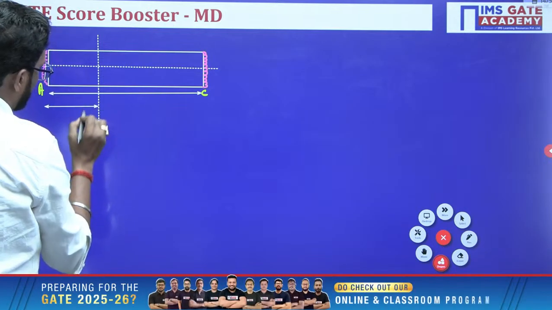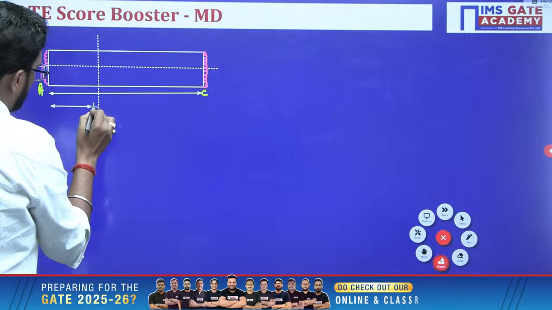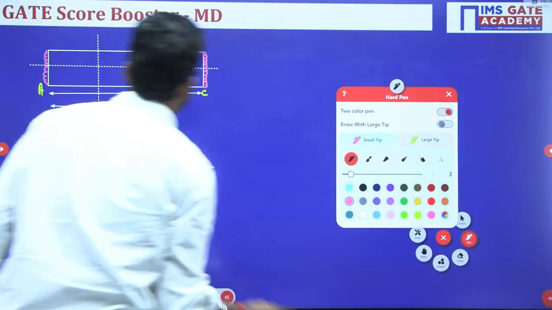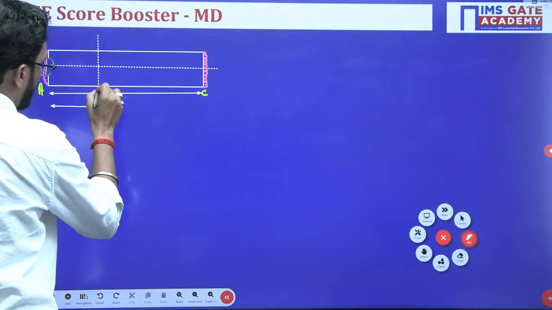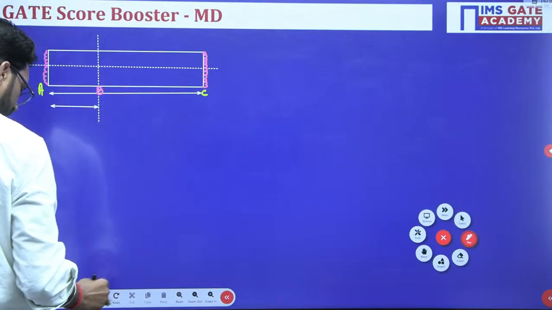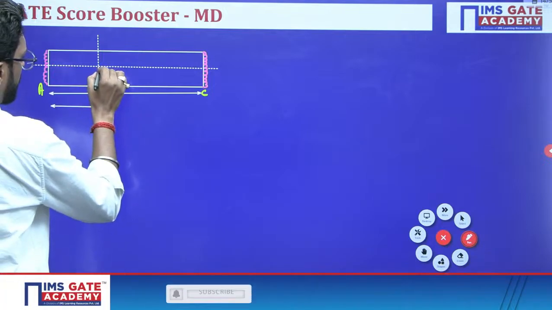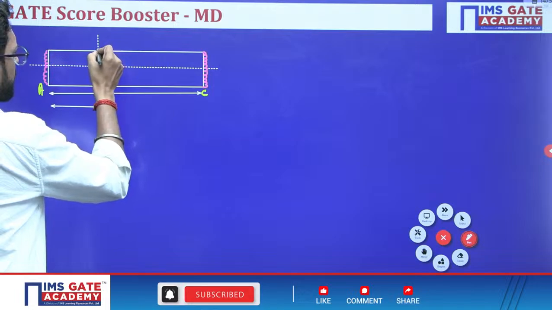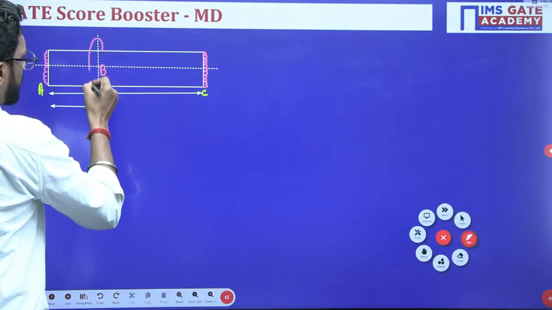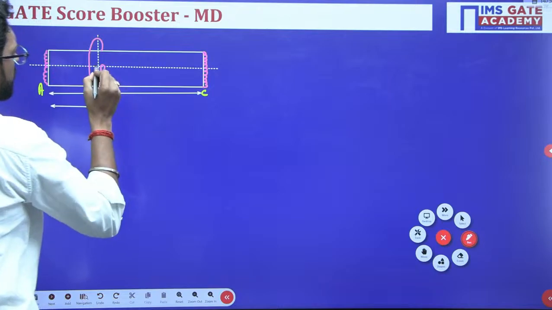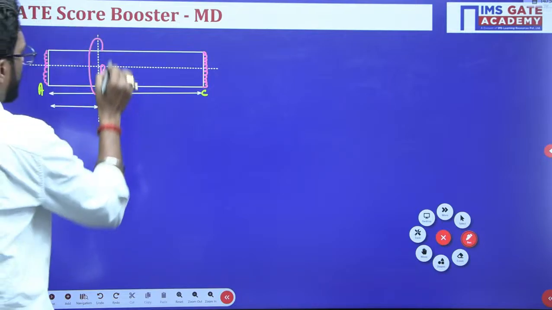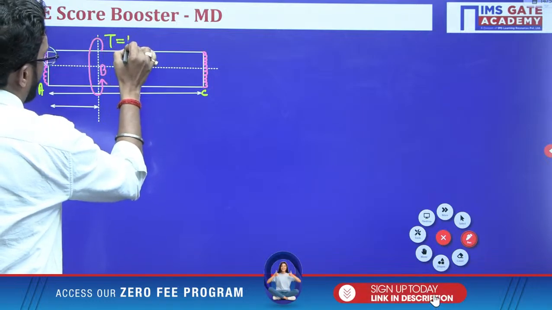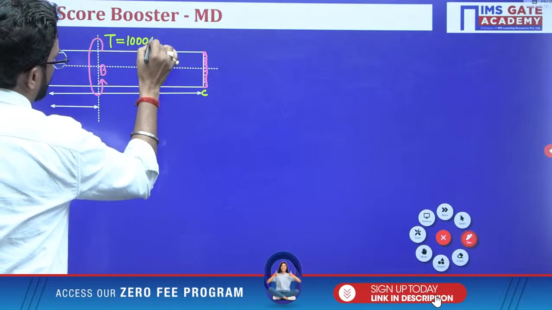Let's suppose this is point B, and at B we are applying a torsional moment T of 1000 Newton meter.